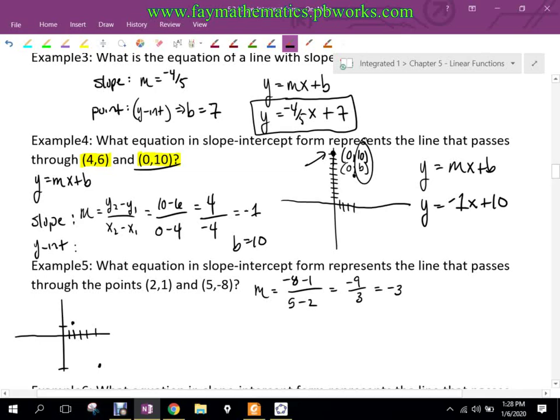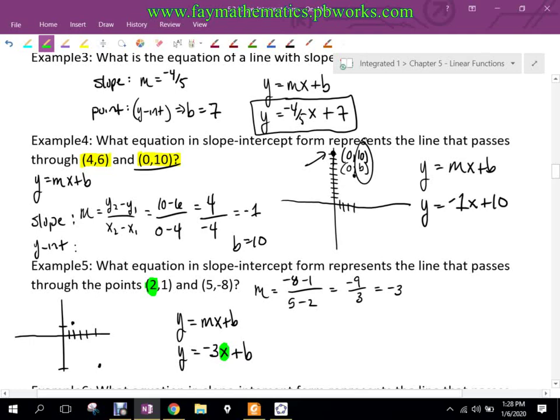Okay? We know y equals mx plus b, right? We just figured out that m was negative 3. We don't know y, x, or b right now, right? But think about this. Is 2 an x value?